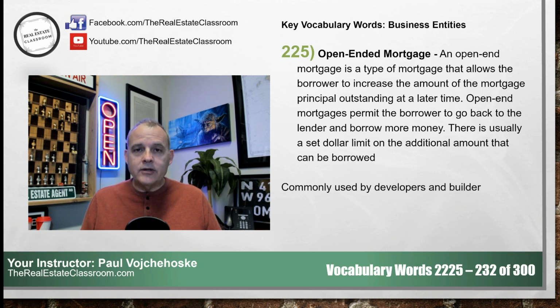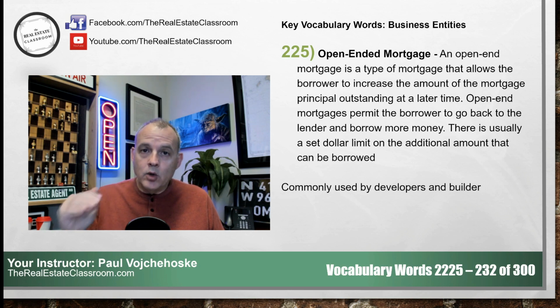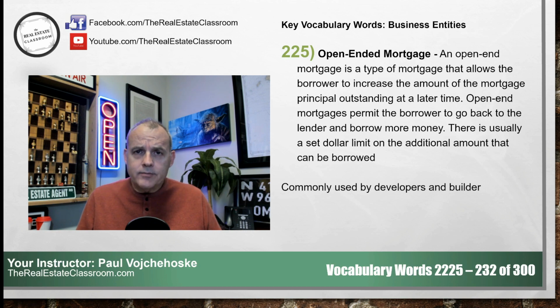What it allows you to do is to take that $200,000 loan, that $300,000 loan, and add it to your $5 million loan. The loan limit is $5 million, but you can add or subtract to it as you want to. That is an open-ended loan or mortgage, and it's very commonly used by developers and builders as well.